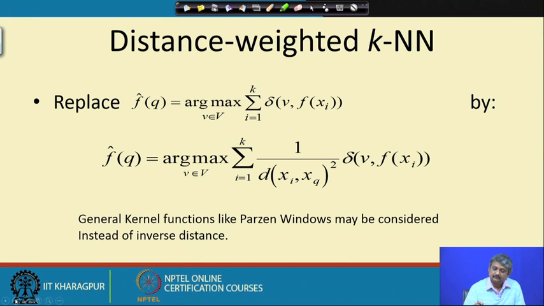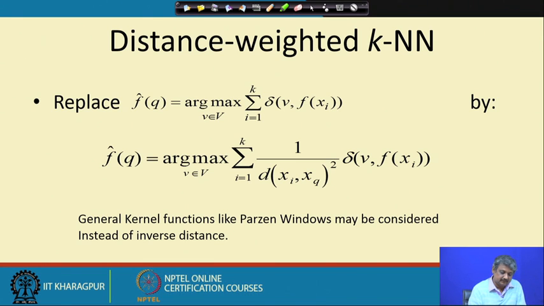It is some weight function, it is the class of the distance, where V is the neighborhood. This is the normal KNN, and I can have a distance weighted KNN.